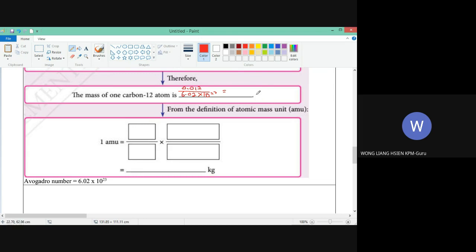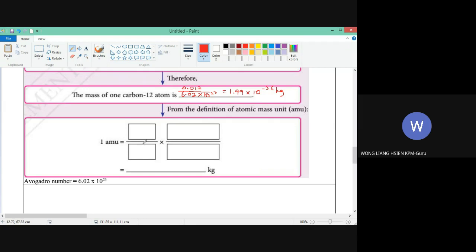So it will be about 1.99 times 10 to the power of negative 26 kilogram. This is the mass of one carbon-12 atom.